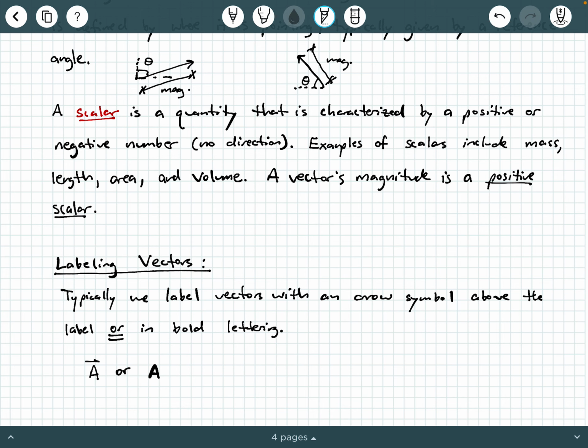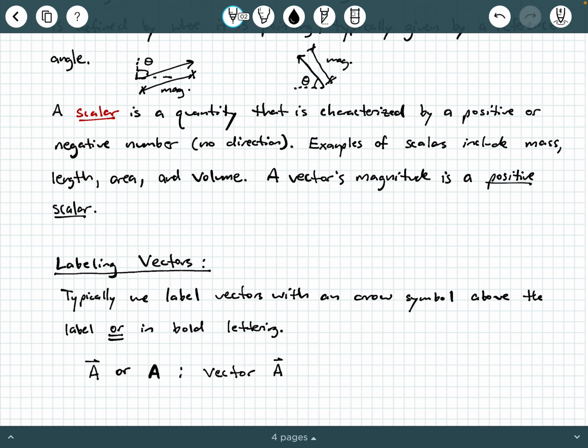So keep that in mind. Some textbooks in statics and in physics and in math and trigonometry label vectors with an arrow above them. Some label them in a bold letter. So just be aware you could see either one of those. In either case, this is vector A.